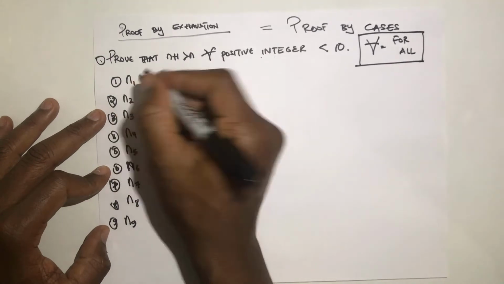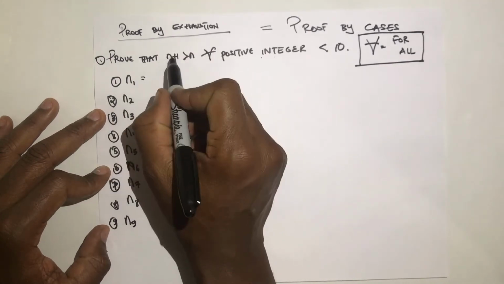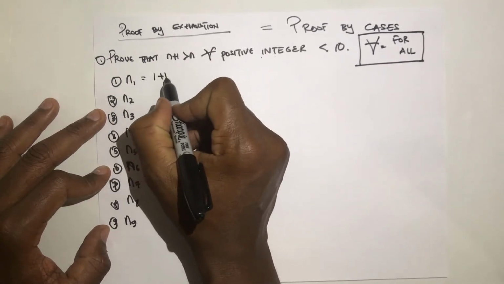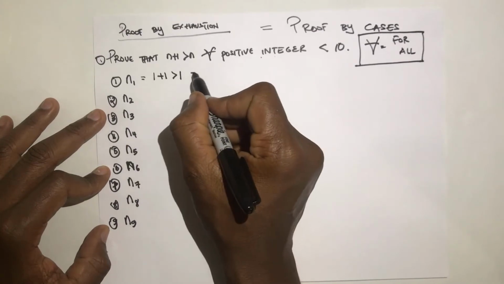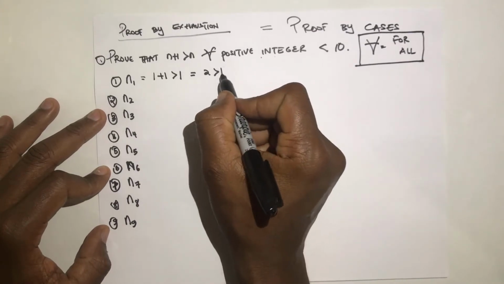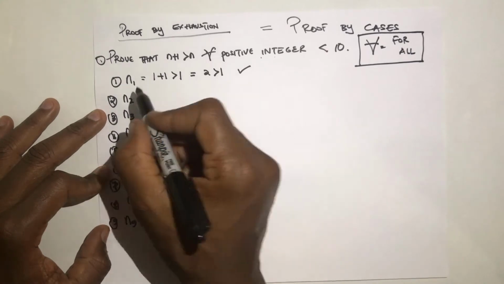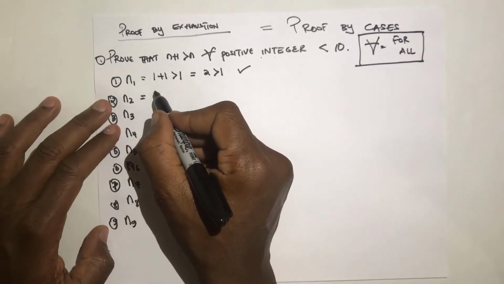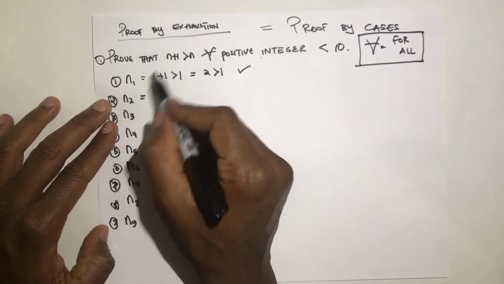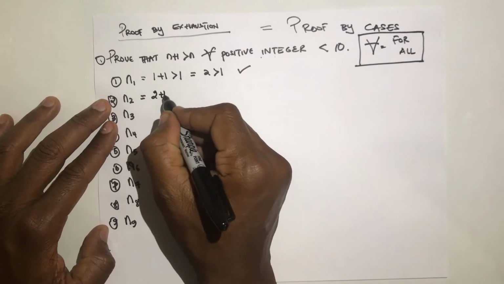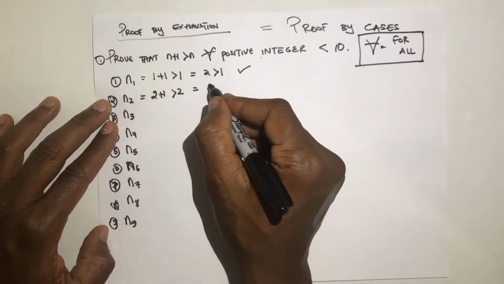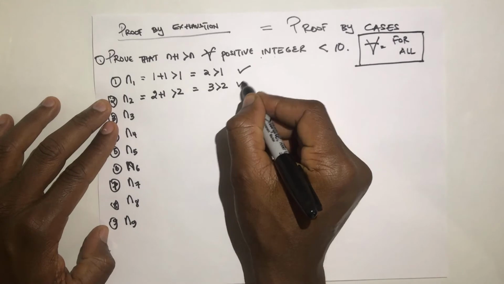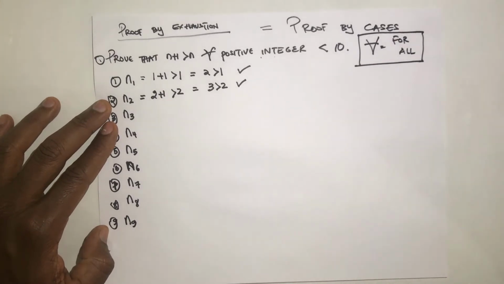Where n is equal to 1, you put 1 where n is, and that will be 1 plus 1 is greater than 1, which is the same thing as 2 is greater than 1, which is true. Where n is 2, it's 2 plus 1 is greater than 2, which is 3 is greater than 2, and there you go.